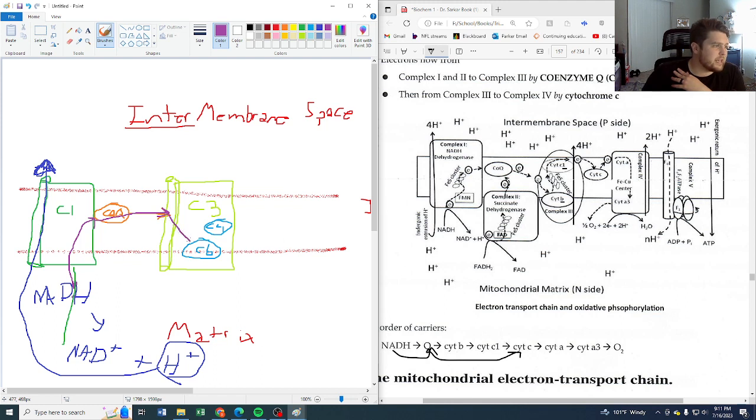They're going to take the electrons, pass them to each other, and then pass it along to cytochrome C.